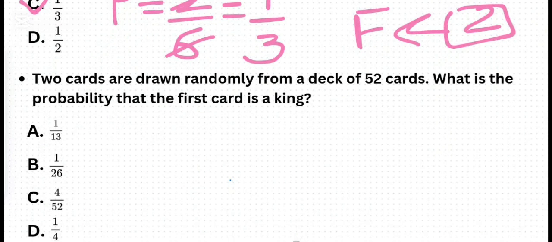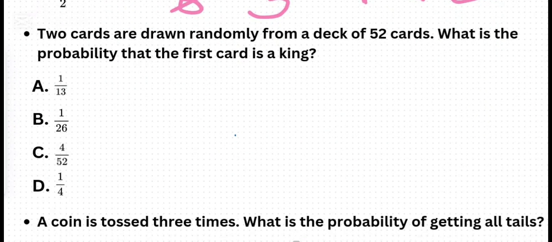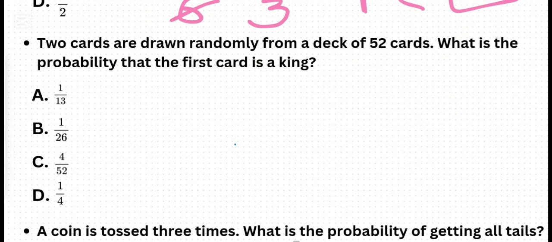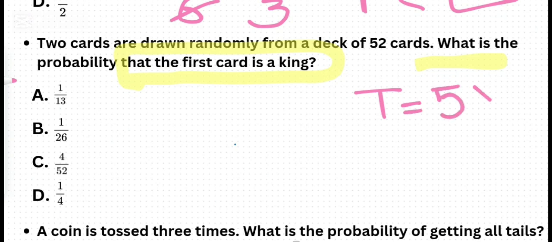Now the next question is, 2 cards are drawn randomly from a deck of 52 cards. What is the probability that the first card is a king, right? So as you know, total cards are 52. Kings, which is the favorable outcome, F is equal to K, king.